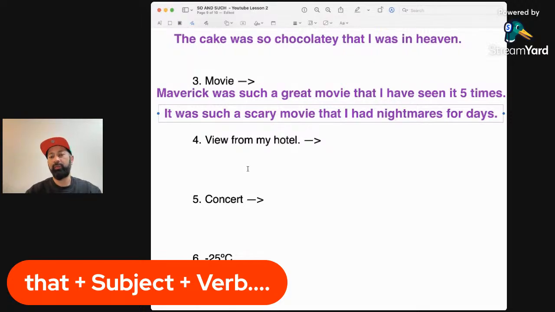Number 4, we've got view from my hotel. So in this one here, make sure you have an answer with so and such. If you use such, don't forget it's with a noun.